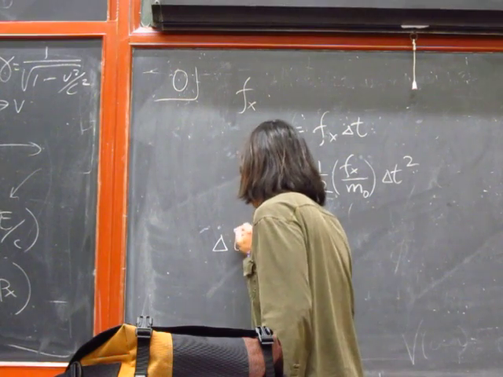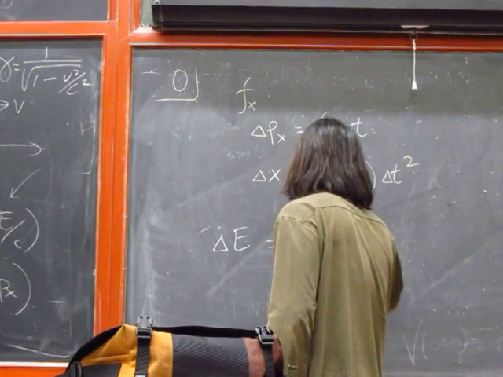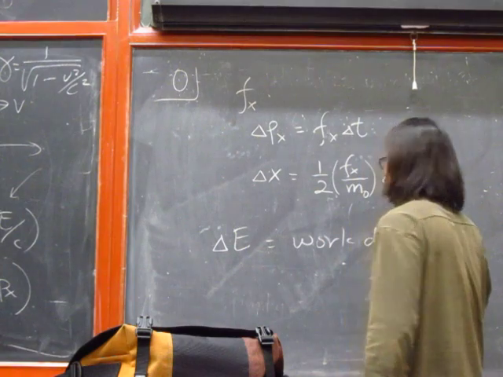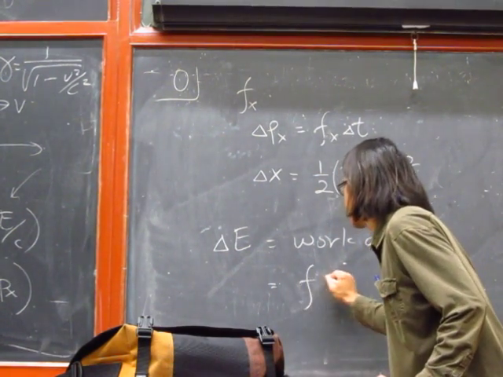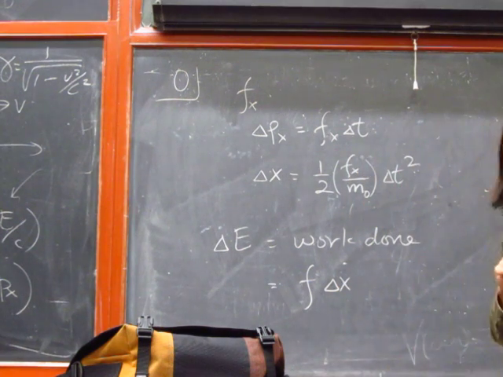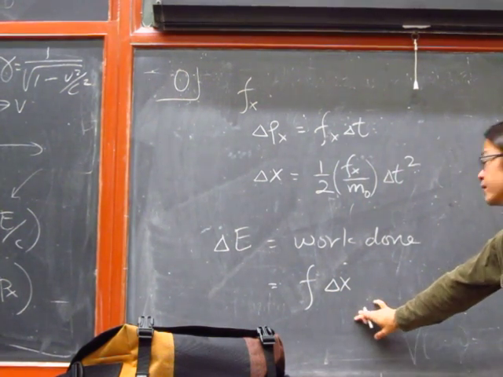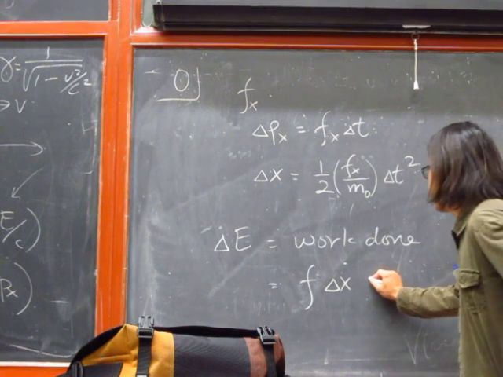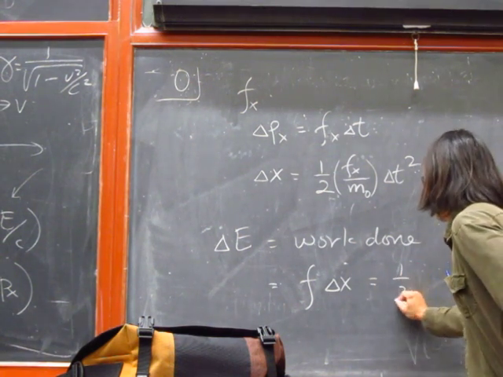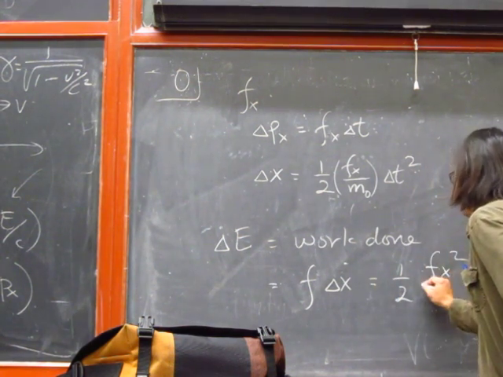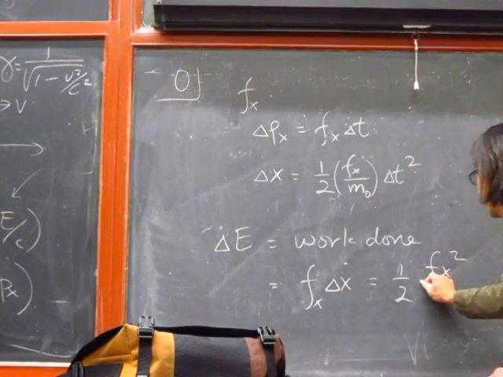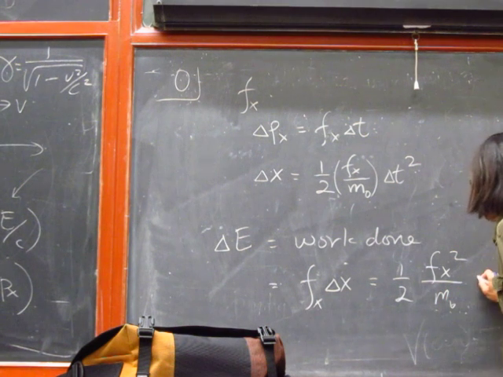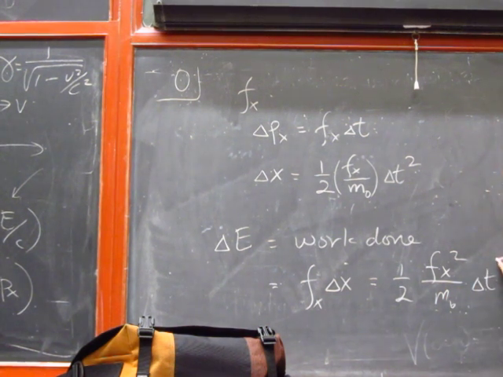The energy change is equal to the work done, and the work done is just the force times delta x. You recall this from mechanics. So this becomes 1/2 Fx squared over m naught times delta t squared. By the way, I'm considering force in the x direction right now.